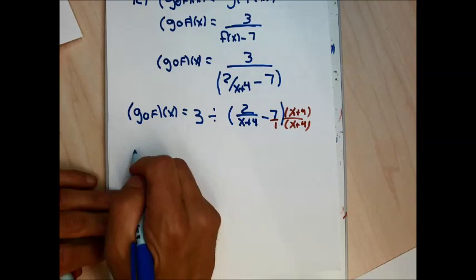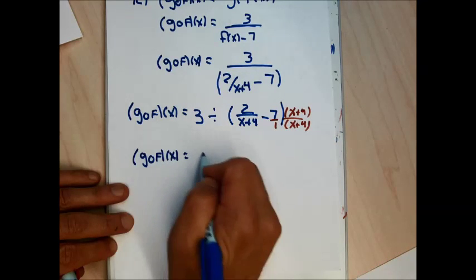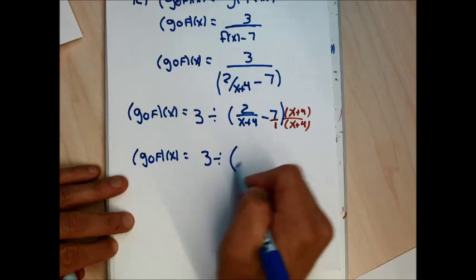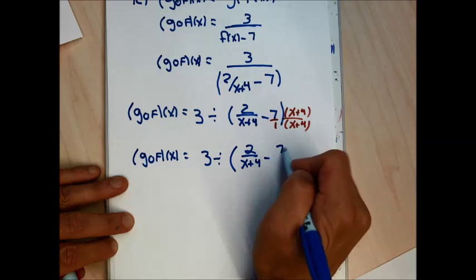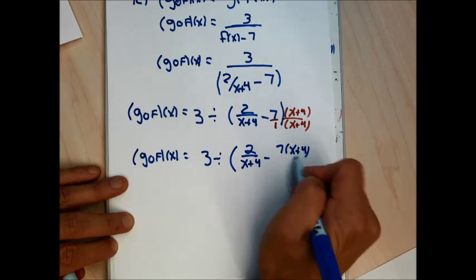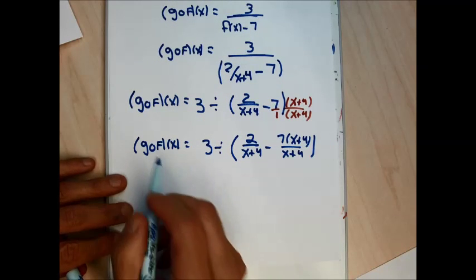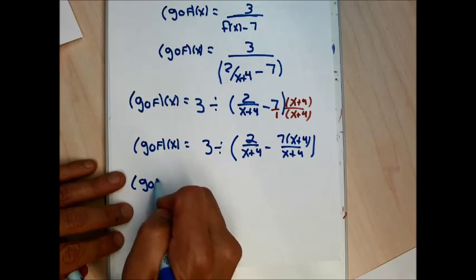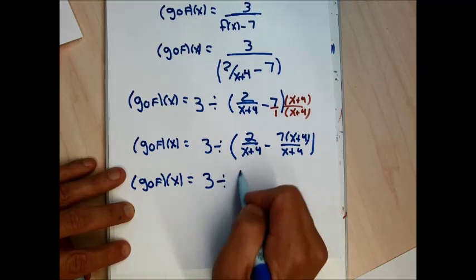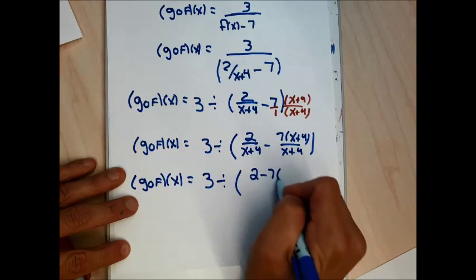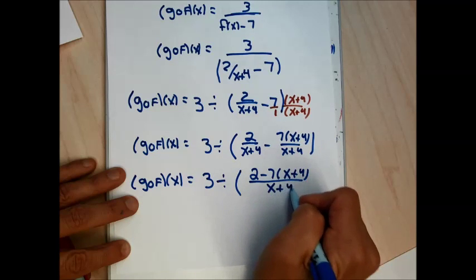This is going to give me g composed with f of x equals 3 divided by 2 over x plus 4 minus 7 times x plus 4 over x plus 4. I'm going to make the two fractions into one and get 3 divided by 2 minus 7 times x plus 4 over x plus 4.